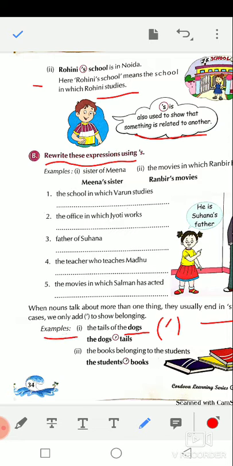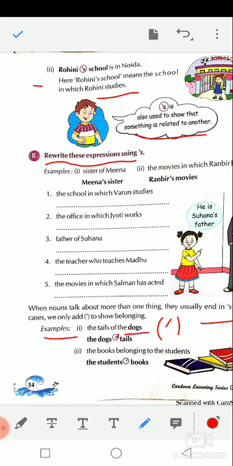Like the example, the tails of the dogs. In plural nouns S is already there, so we add only an apostrophe. Like the dog's tails, S is already there, so where do we put the apostrophe? After the S.